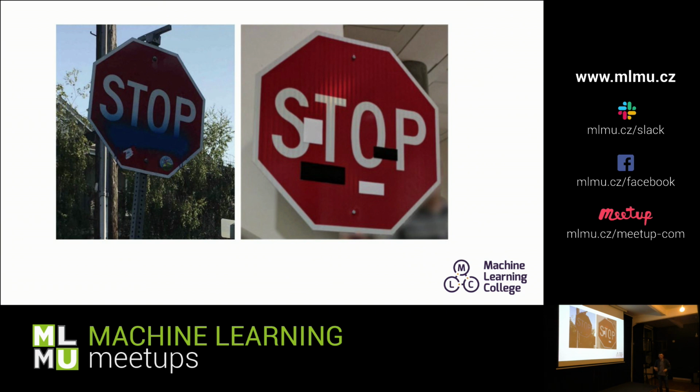When the neural network looks at it, in this concrete example I think it thinks that the speed limit is 60 or something like this. So it interprets it completely differently than a stop sign, while a human is not able to recognize that this is an adversarial attack.